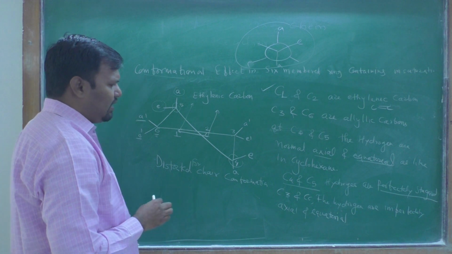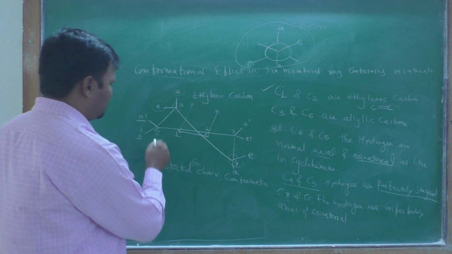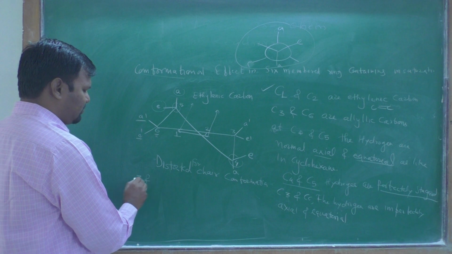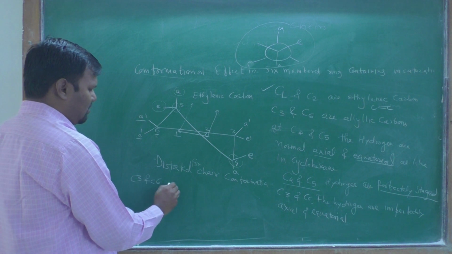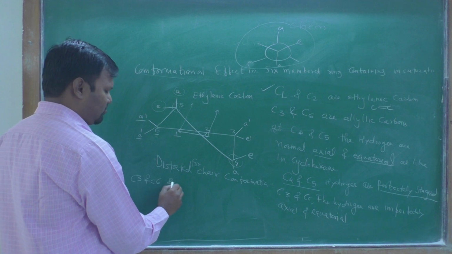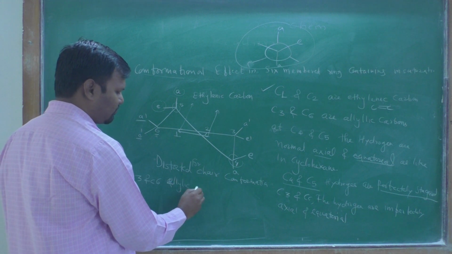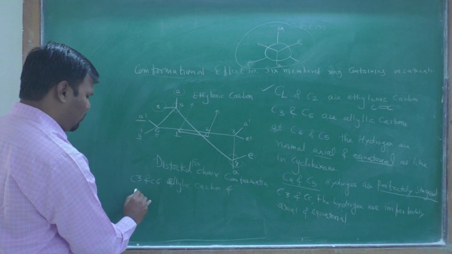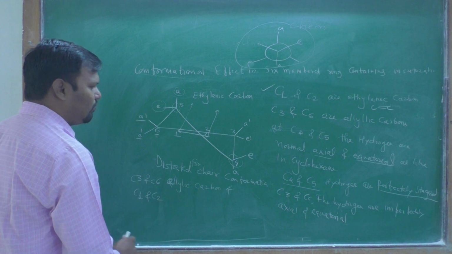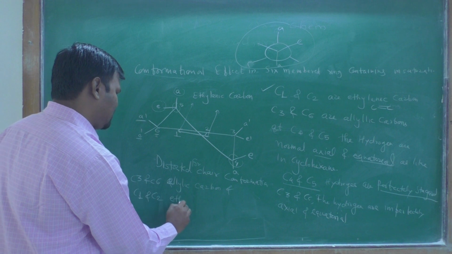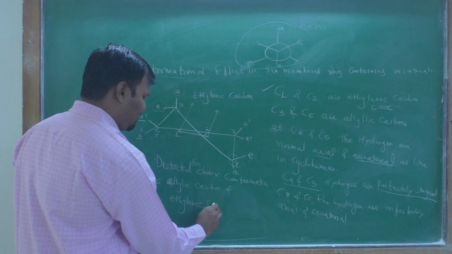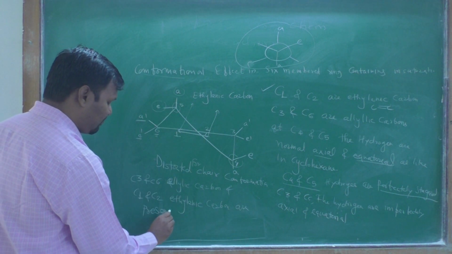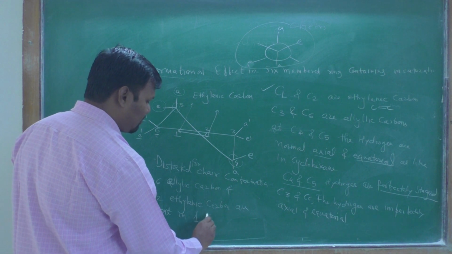Our last observation is that carbon numbers 3 and 6, the allylic carbons, and carbon numbers 1 and 2, the ethylenic double-bond carbons, are present in one plane.